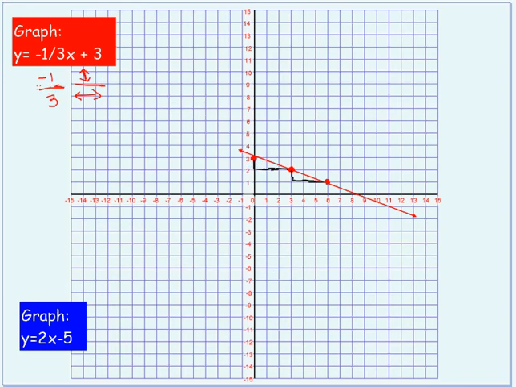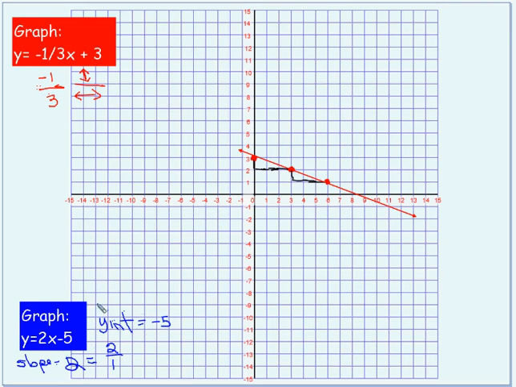Okay, so let's take a look at the blue graph that we're going to draw. Our slope is 2, which means 2 over 1, and our y-intercept is negative 5.